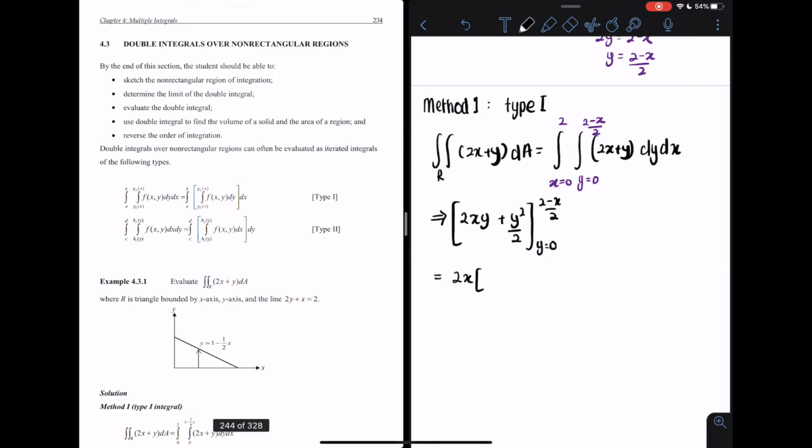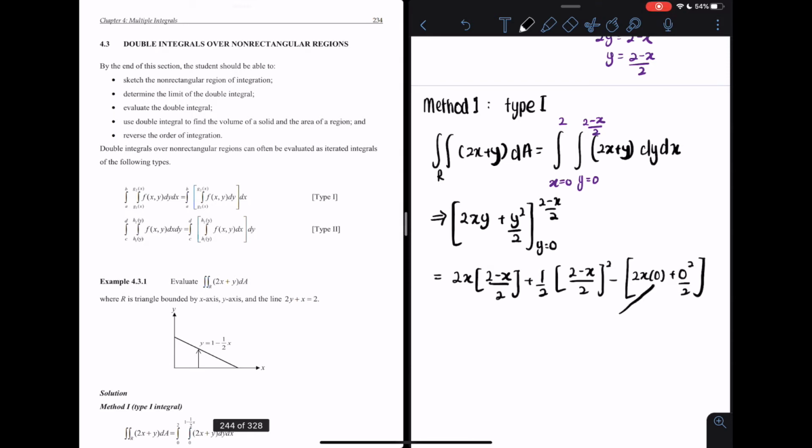So I should get 2x times (2 minus x) divided by 2, plus 1 over 2 times ((2 minus x) over 2) squared, minus 2x times 0 plus 0 squared over 2.